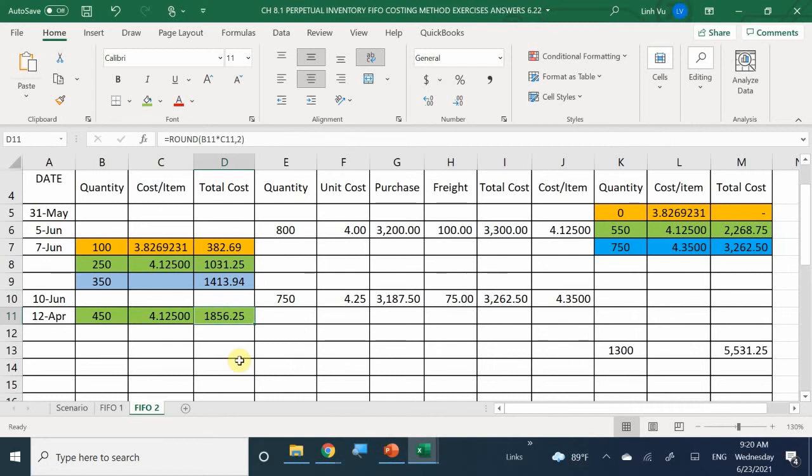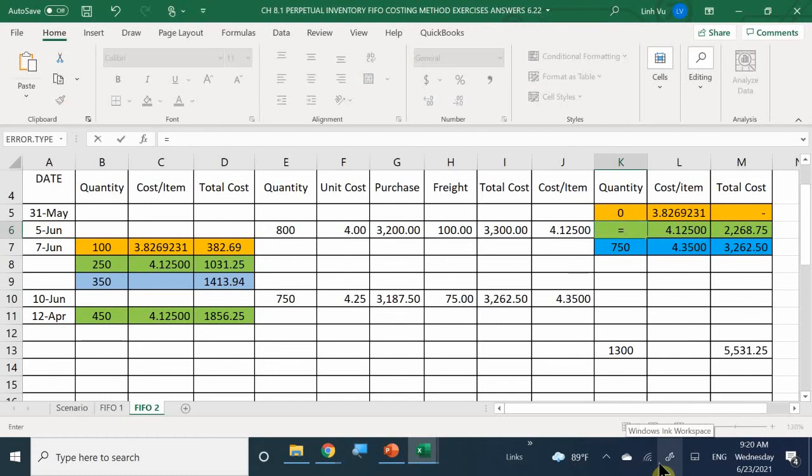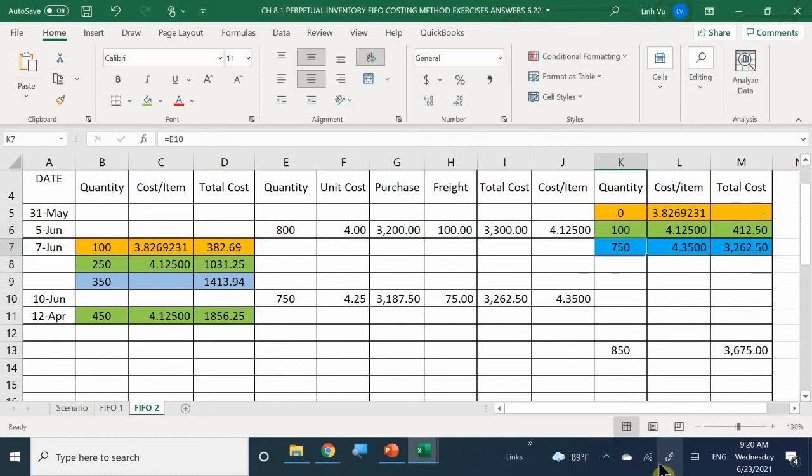All right. So now that we sold an additional 450 items from my green batch, that's pretty straightforward. 550 minus 450 should give you 100, which should result in $412.50. All right.